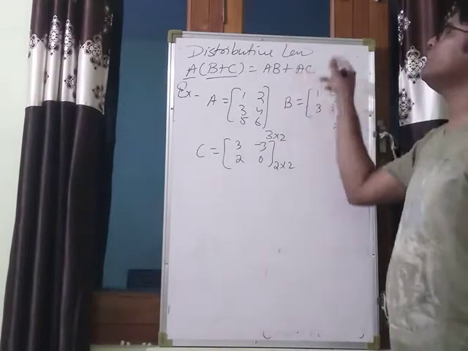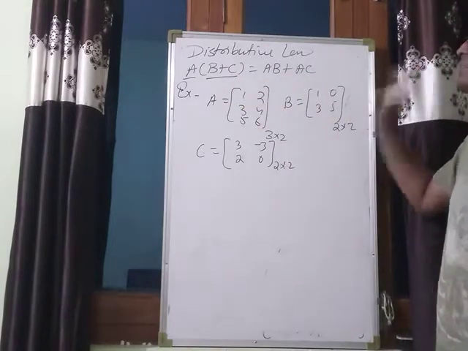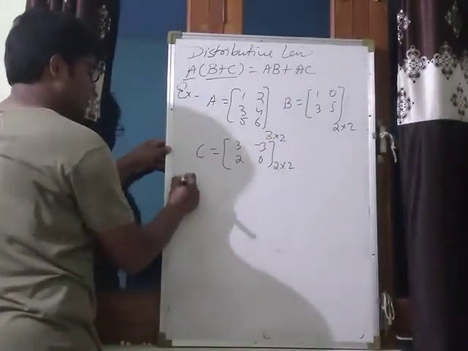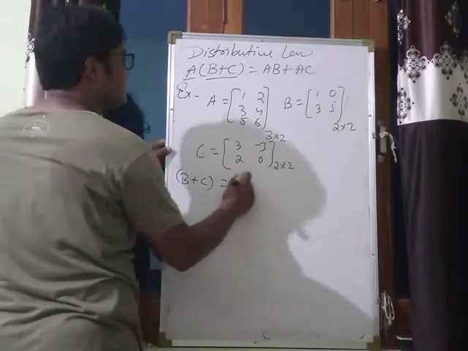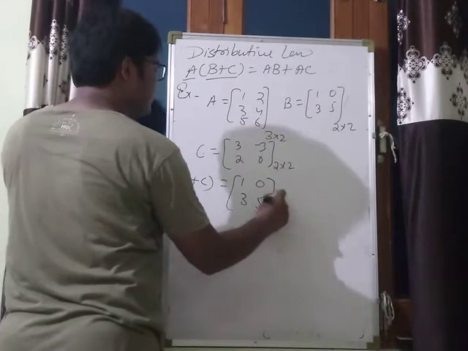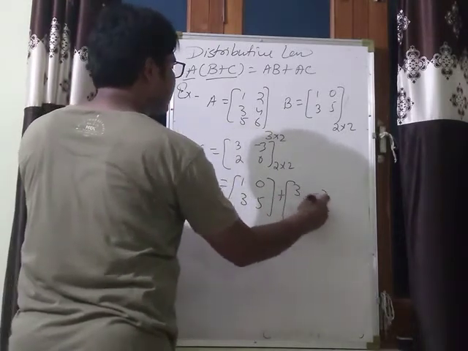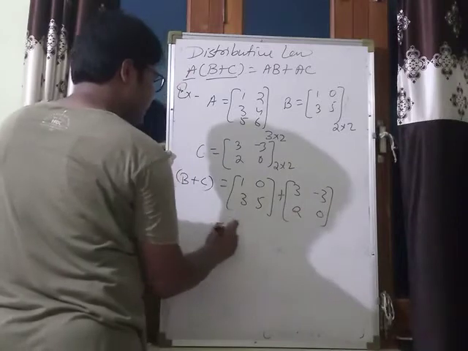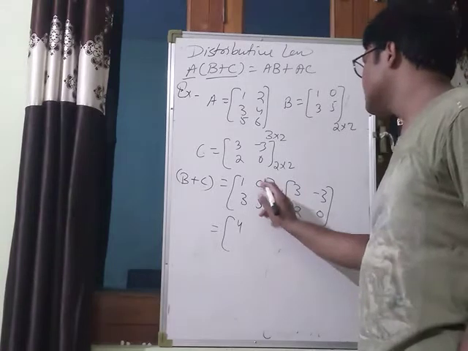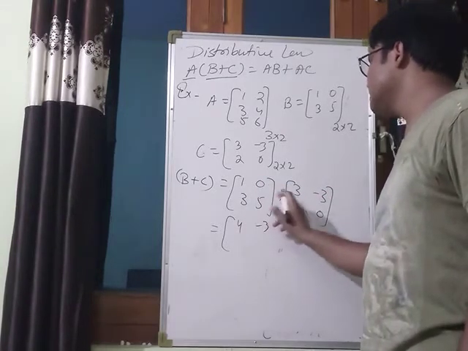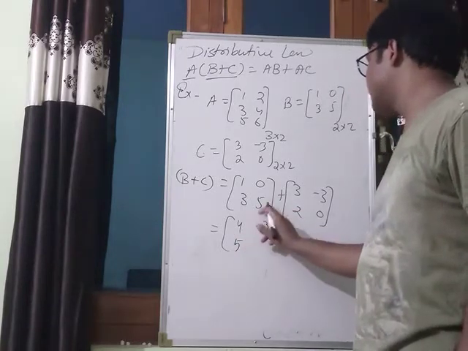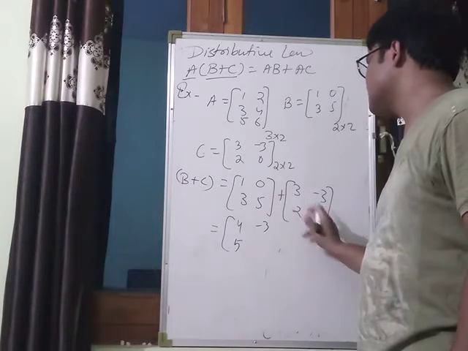Now for verifying A into B plus C is equal to AB plus AC, we have to find B plus C first. So what will be B plus C? Add these two. This is B, 1, 0, 3, 5 and this is C, 3, minus 3, 2, 0. What will become? 1 plus 3, 4, 0 plus minus 3, minus 3, 3 plus 2, 5, and 5 plus 0, 5.